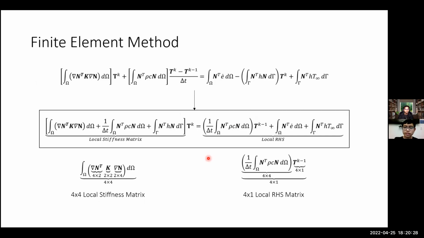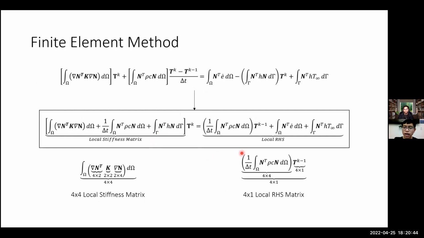The box at the bottom shows how the right-hand side can be discretized. Those terms can be substituted in the original weak form of the governing equation, and from there, the equation can be reorganized to find the local stiffness matrix and the local right-hand side matrix.